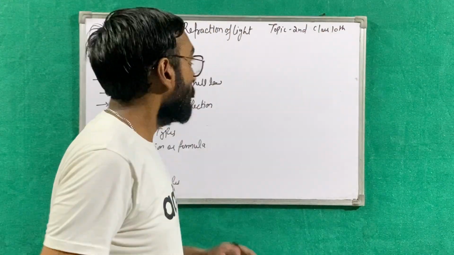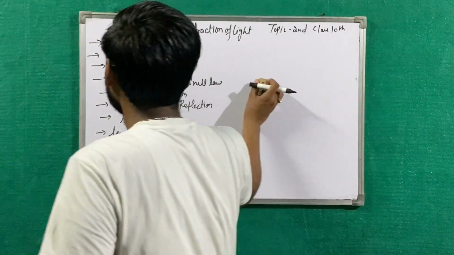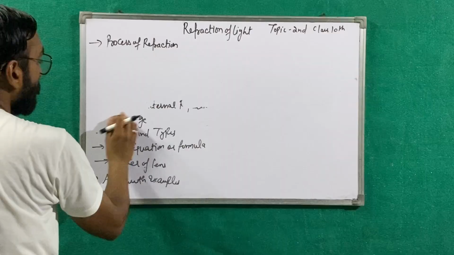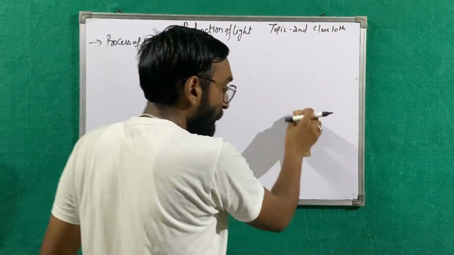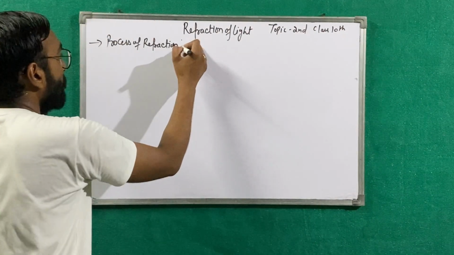So in this video we are going to do these topics, and one by one we are going to explain them. First of all, we are going to elaborate what is the process of refraction. What is refraction, how does refraction help in daily life, how does it happen, what type of phenomenon is it? It is a two-medium phenomenon.